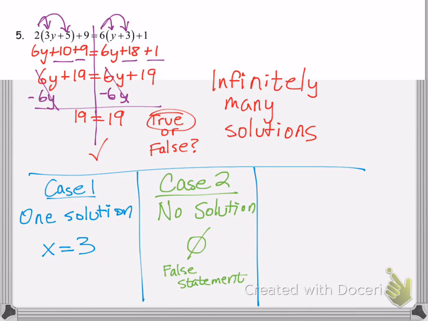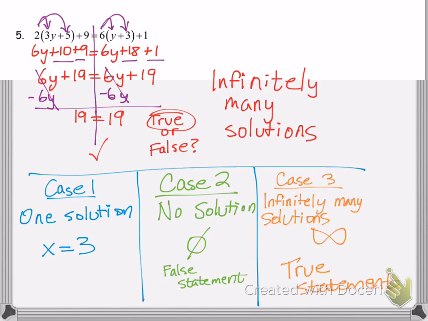And then the last case is infinitely many solutions. That's the infinity symbol. And that's when you end up with a true statement, again, when the variables just kind of disappear. That, again, means that any number that goes into the variable, you will get a true statement.